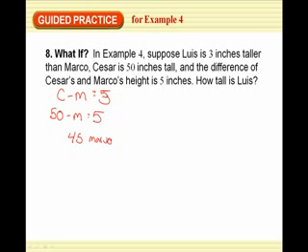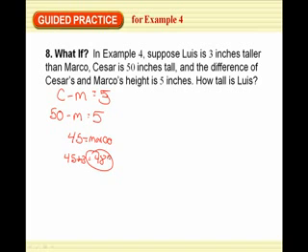Sorry. The pen always wants to act up. I don't know why. Marco is 45 inches tall. Luis is 3 inches taller than Marco, so 45 plus 3 would be 48. So Luis is 48 inches tall.